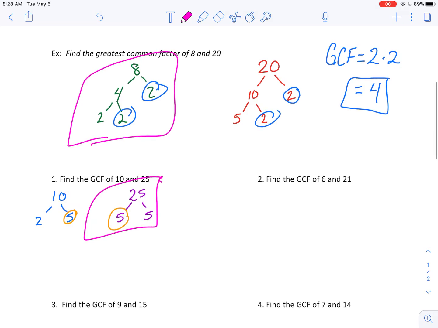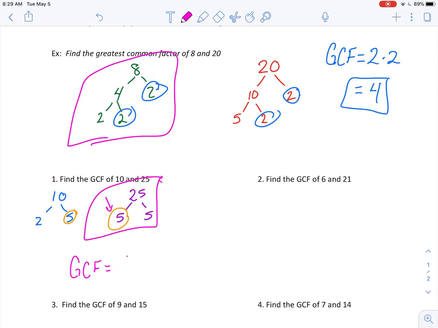You'll notice I didn't multiply 2 times 2 times 2 times 2. I only looked at one of these two factor trees and said I've got 2 2's in each. So here I've only got 5. There's nothing else circled in this one factor tree. So my greatest common factor is just 5.